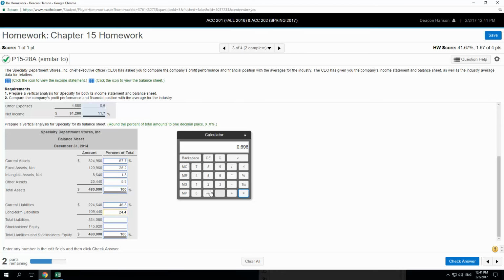Sometimes when you go too fast, you make errors. So I just almost made an error there. Let's see. Maybe we went too fast. Yep, we did. So you see how finicky it is. We have to be very careful to make sure we're dividing by the right number, which is 480.